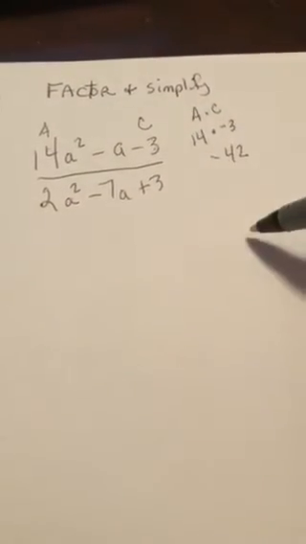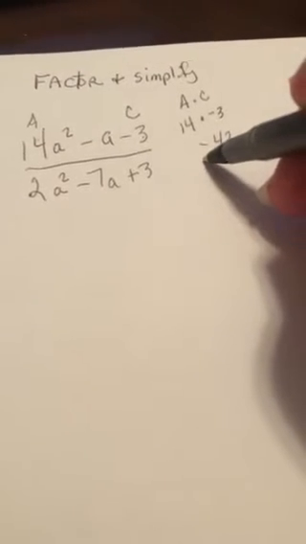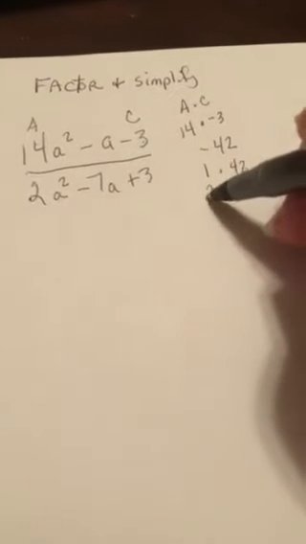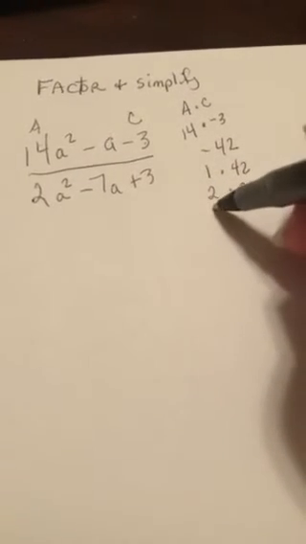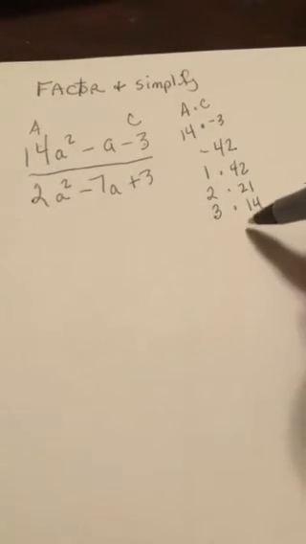When we multiply the first and last, then we list the factors of that number. The most convenient way that's going to keep things in order is to go with the smallest number. So 1 times 42, 2 times 21. I'm not even trying to think of ones that will work because I just want to list them, get them all down.